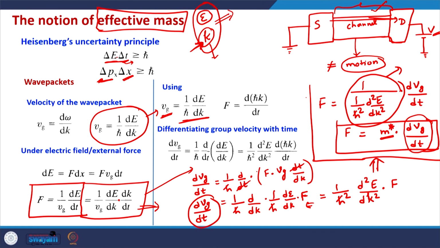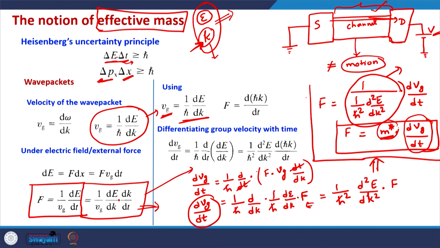And this is an important result, because now in a way the quantum mechanical treatment of the electron in solid has been encapsulated in the idea of the effective mass here. And by encapsulating the quantum mechanics in the notion of effective mass, we can now use the classical equation of motion to find out the effect of an applied voltage or applied force on the electron.